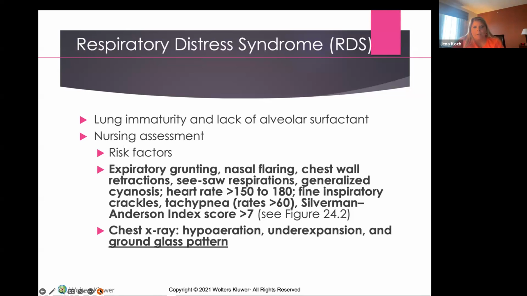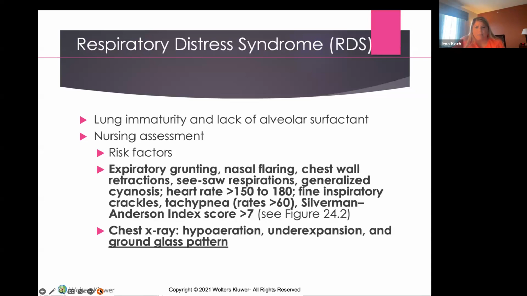You'll see expiratory grunting with nasal flaring, chest wall retractions, possible seesaw respirations, generalized cyanosis, and the newborn's heart rate will be higher than 150, so 150 to 180.